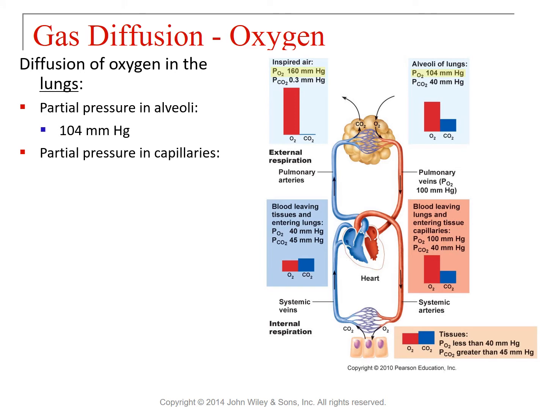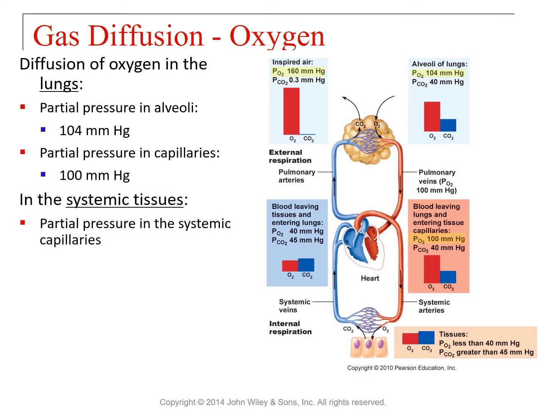Now, this will diffuse into the blood that's coming into the capillaries. So the blood that leaves the lungs in the capillaries in the alveoli is 100 millibars. You can see that highlighted in the area below. Now, when you get to the systemic tissues, the partial pressure in the capillaries out there is actually still 100 millibars.